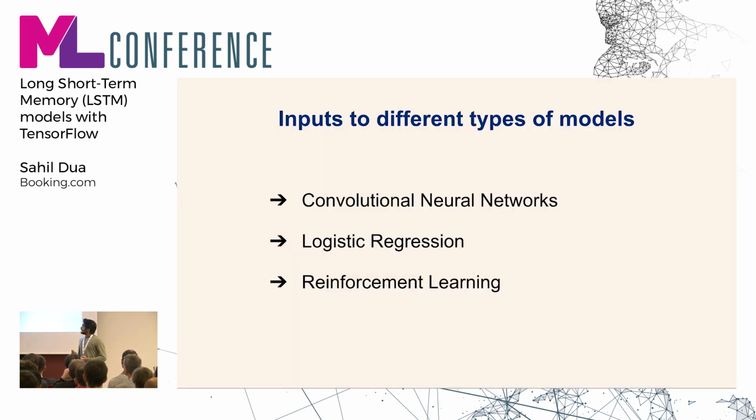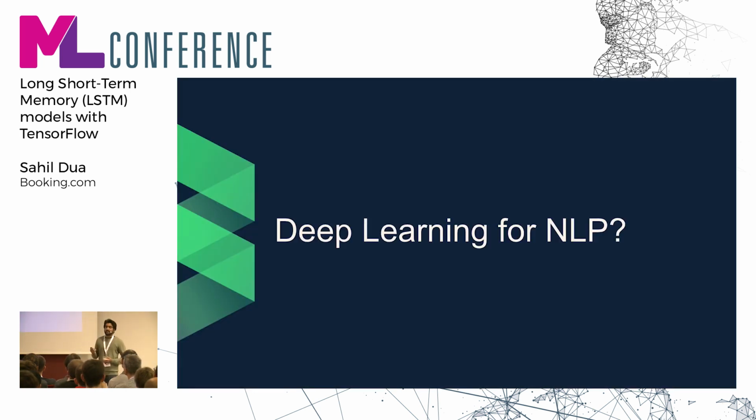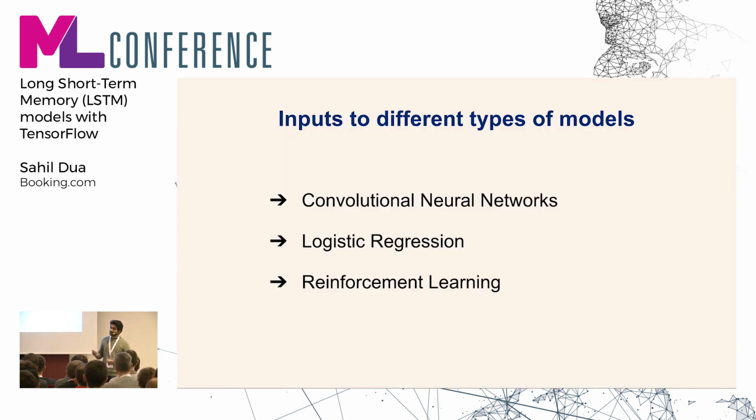So we know that deep learning is useful for natural language processing, but first of all, let's try to see what kind of other models we have and what kind of inputs we send to those models. For example, we have convolutional neural networks, which work with images, and they take arrays of pixels, basically arrays of finite scalar values.